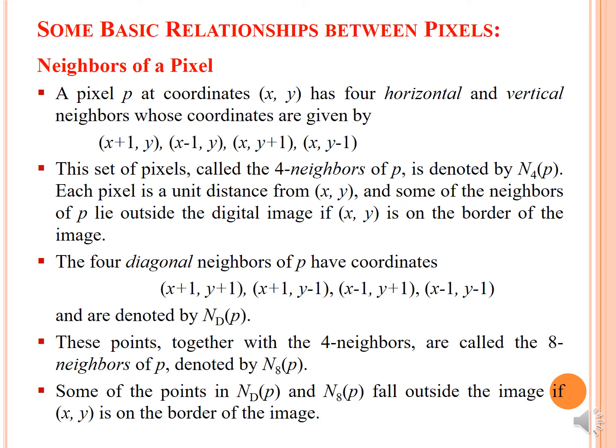These points together with the four neighbors are called the 8 neighbors of P and denoted by N8(P). Some of the points in ND(P) and N8(P) fall outside the image if (x, y) is on the border of the image.